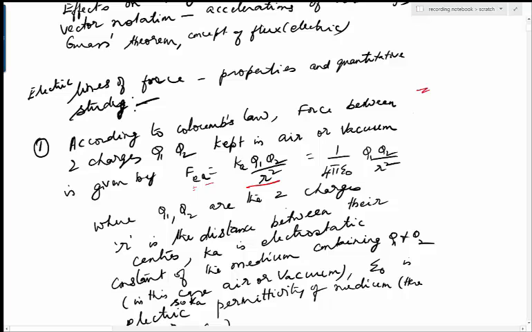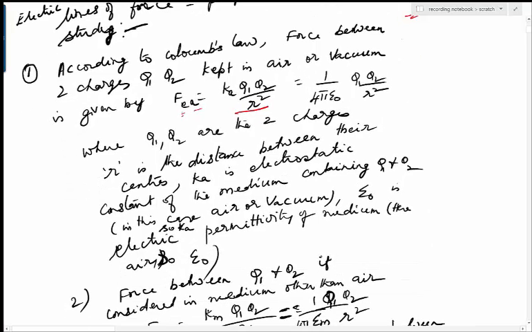Here Q1 and Q2 are the two charges, R is the distance between their centers, Ka is the electrostatic constant of the medium containing Q1 and Q2, in this case air or vacuum, and epsilon naught is the electric permittivity of the medium, here air.